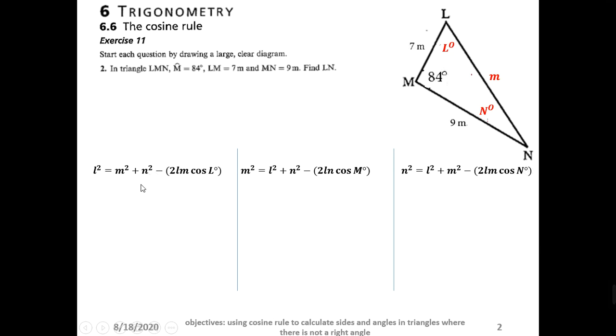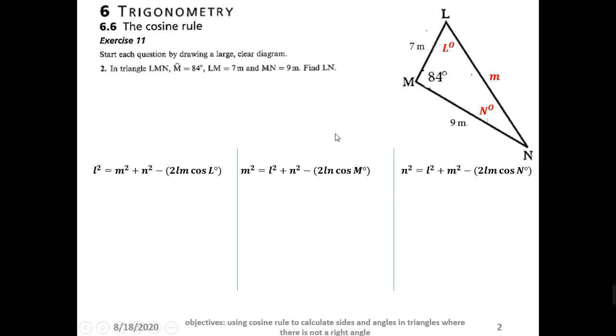Just please note, correct this little mistake here. We started with L. The other two sides are M and N. So L squared is equal to M squared plus N squared minus 2 times M times N times cosine L. So instead of L here, the M stays and we write next to the M, N, side N. Now, since we are finding side M, we don't need to substitute in the first or the last rules.